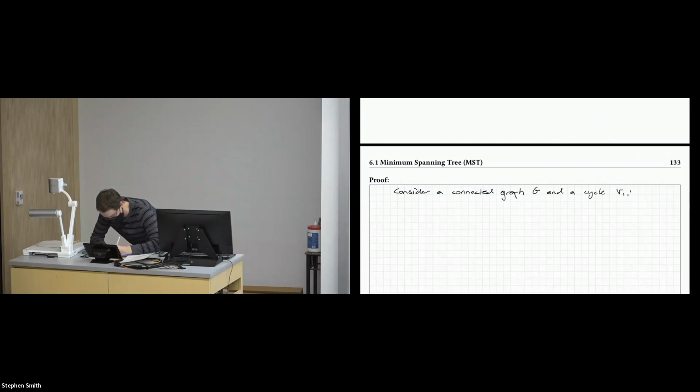I'll just write the cycle as V1, V2, up to Vk and back to V1. Since G is connected, there's a path between any pair of vertices.